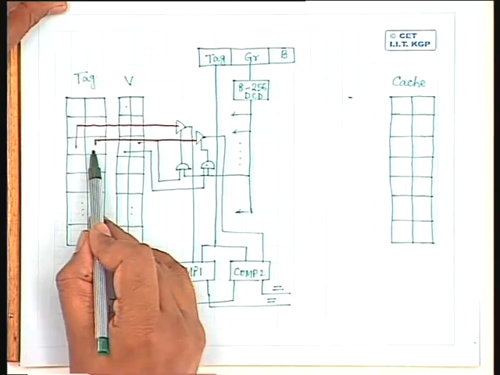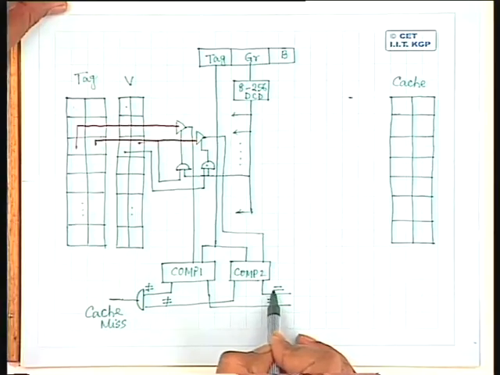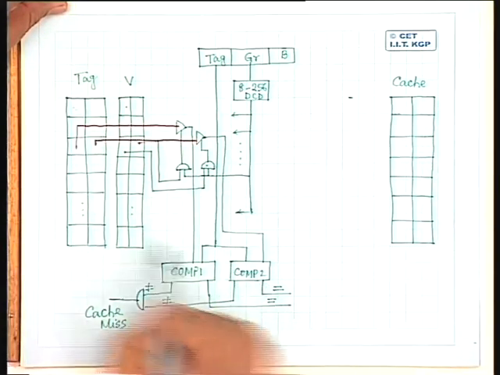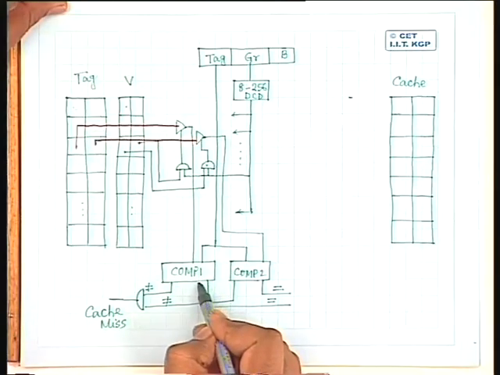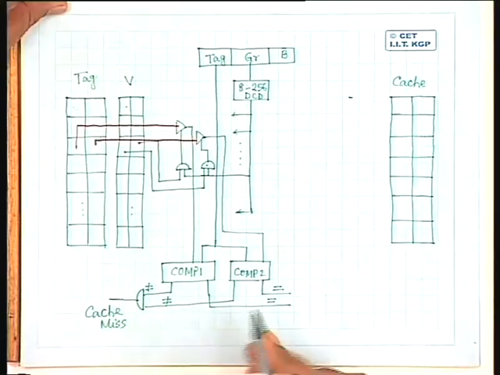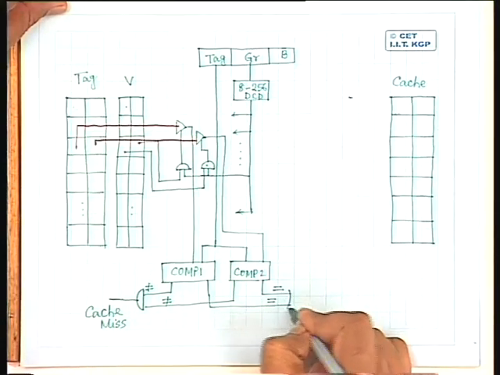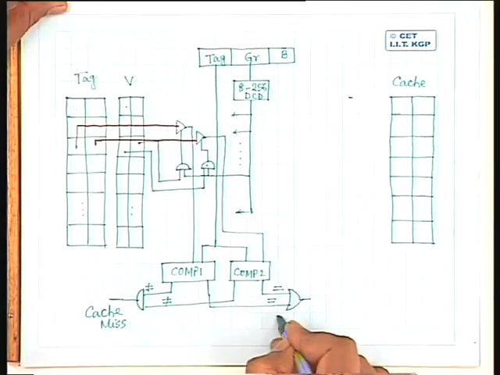If it is present in this, this comparator will signal equal. If it is present in this one, this comparator will signal equal. So if any of them gives a cache hit, that is the condition of cache hit. So I have to have an OR logic.